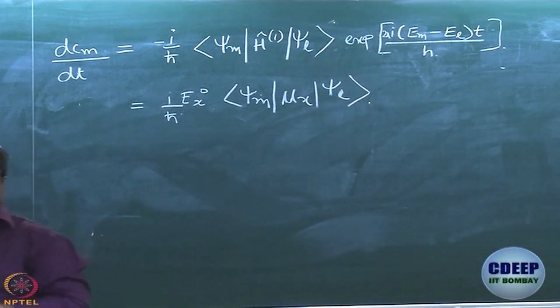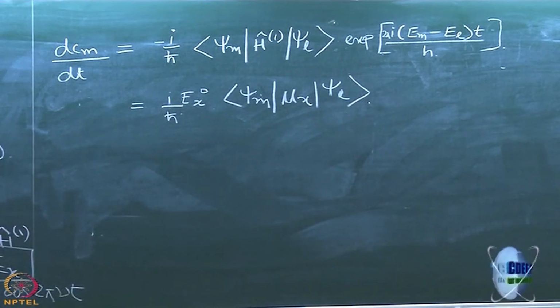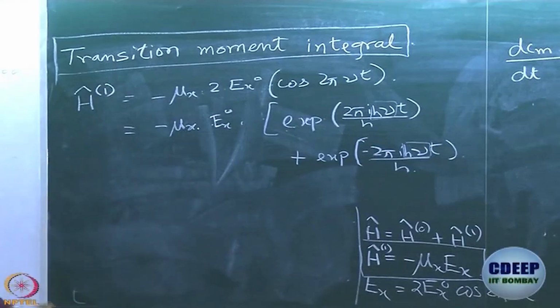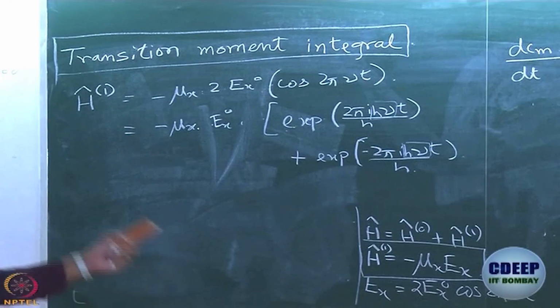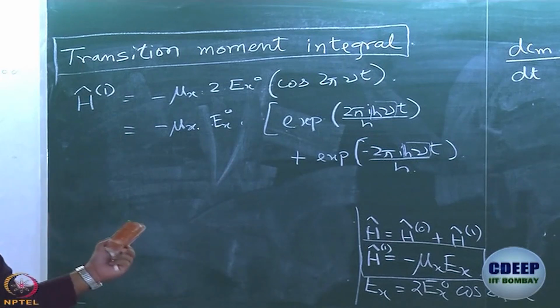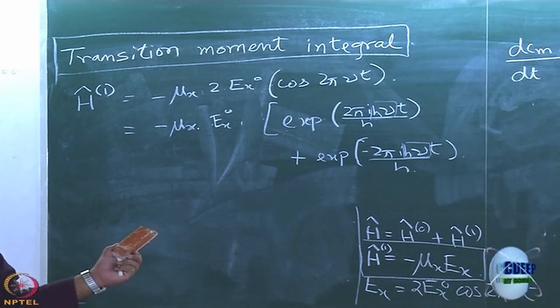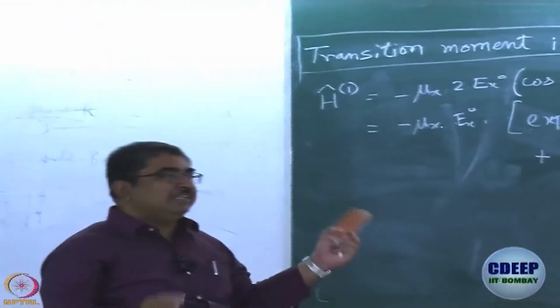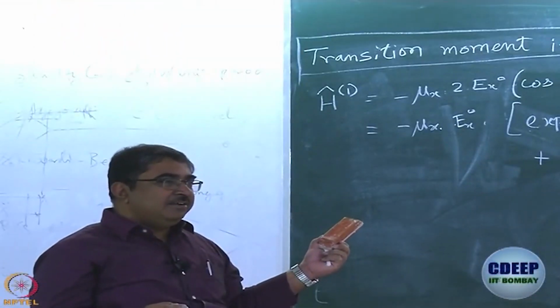Does that look familiar? What is it? Yes, that is our transition moment integral. That we have been seeking so far. We wanted to know where transition moment integral came from. Now you know the answer. Transition moment integral came from this time dependent perturbation theoretical treatment of transition between two states. Okay.